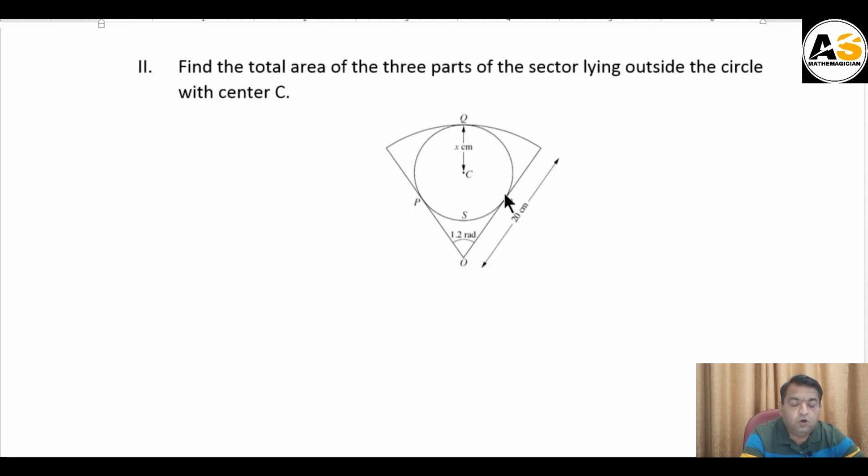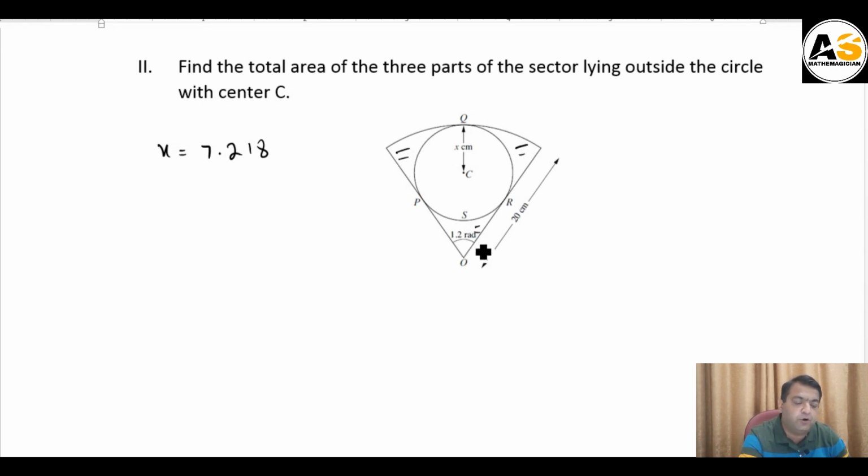In part 2, we have to find the area of these three parts. This one, and this one. This radius is calculated now, which is 7.218. So first of all, look at this sector.